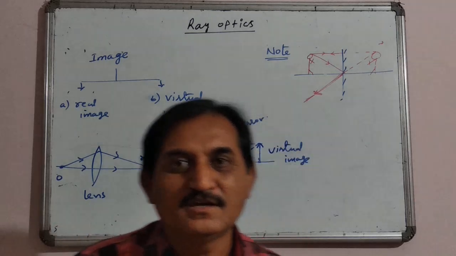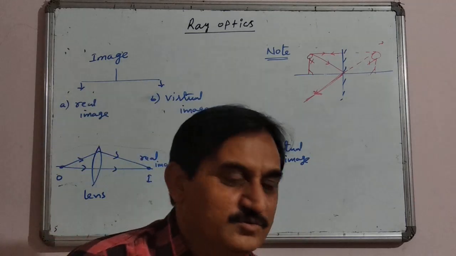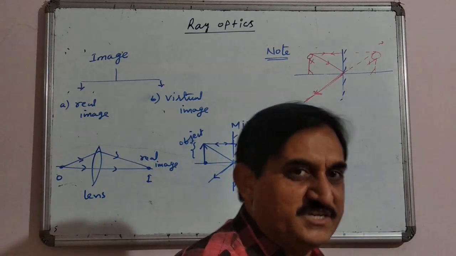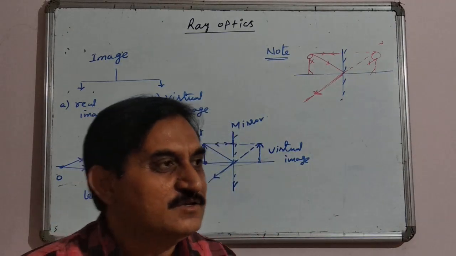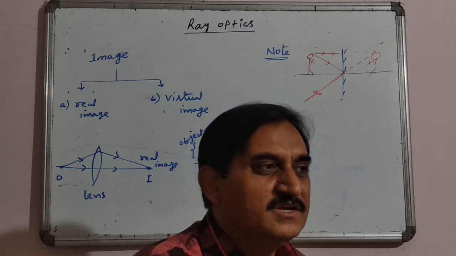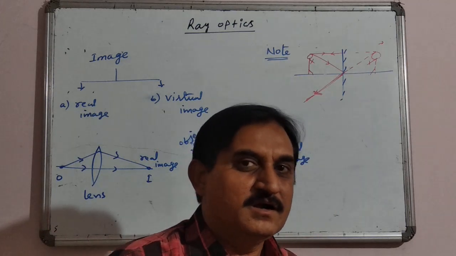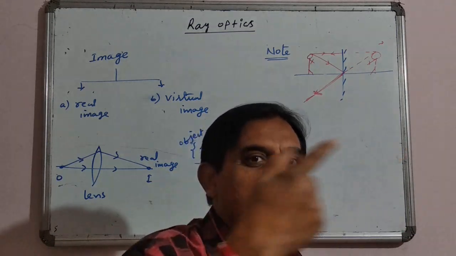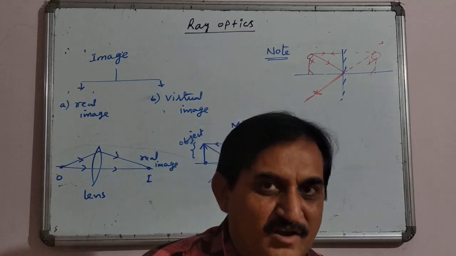Which image? Real image. And also in the case of the human eye, suppose we are observing an object, how is it possible? An object is seen means its image is formed on the retina of the eyeball. In between these two there is a convex lens in the eyeball.